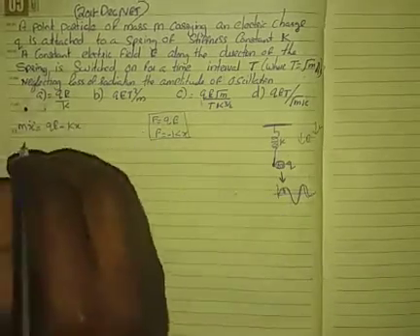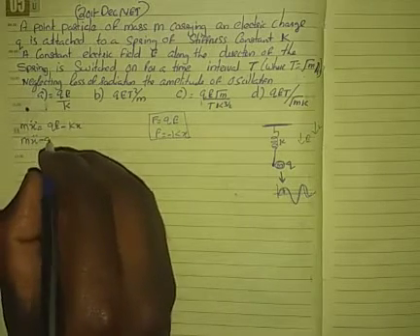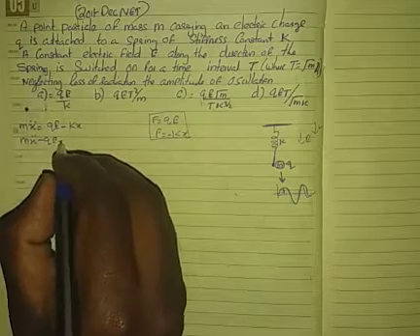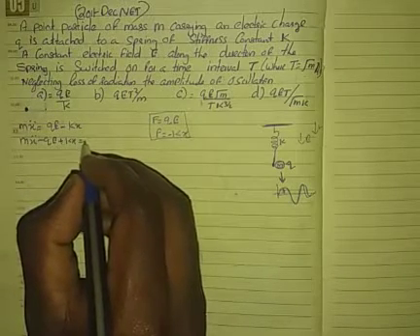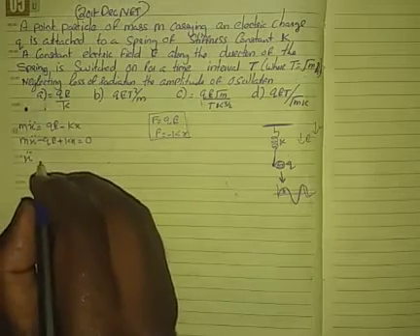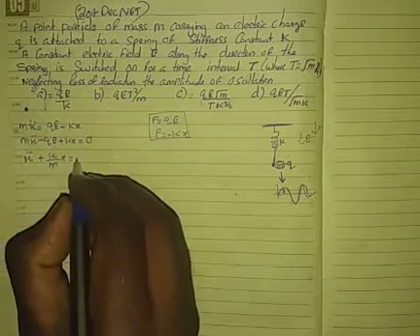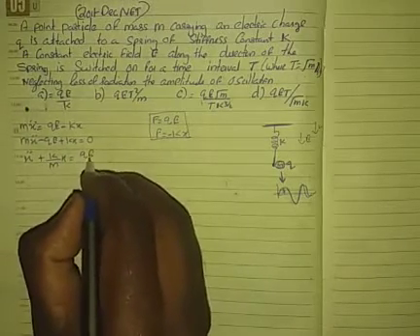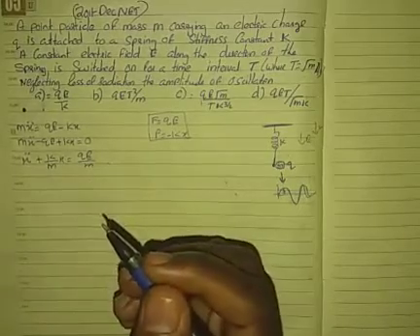So you can write m x double dot minus qE plus kx is equal to 0, or x double dot plus (k by m) x is equal to qE by m. Rearranging them, you can write it like this.